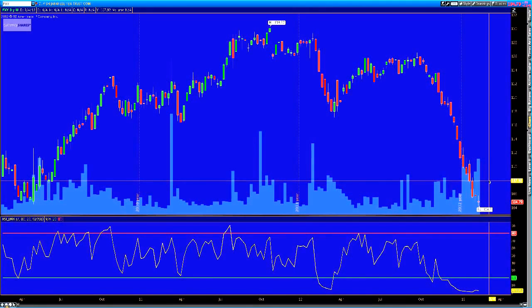We're going to stand to make a very good return because our options will become more valuable. There's a chance to make 50, 60, 90, 100, 300% on our investment of $145.